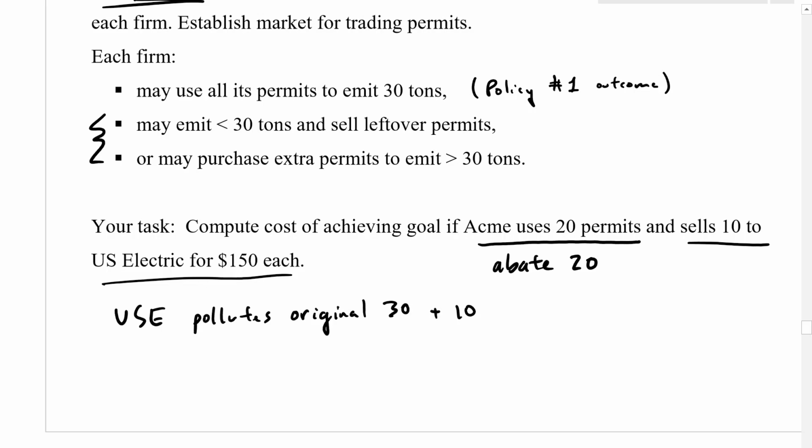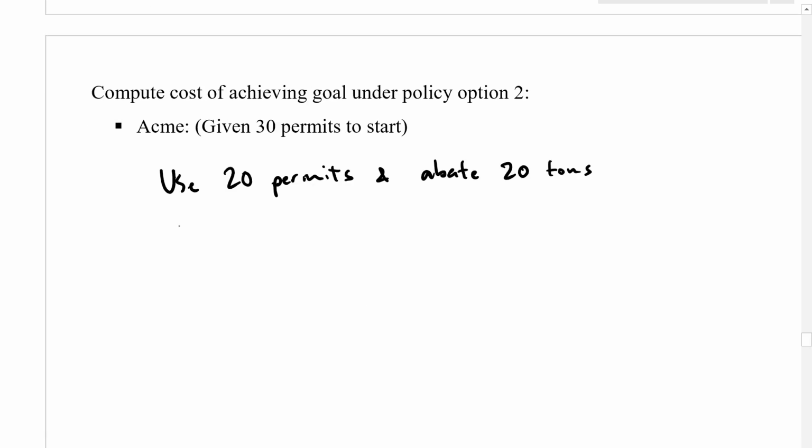So let's compute the cost of that. Acme first. So remember, they both start out with 40 tons of pollution. Acme is going to use 20 permits and abate 20 tons, selling 10 unused permits for revenue.